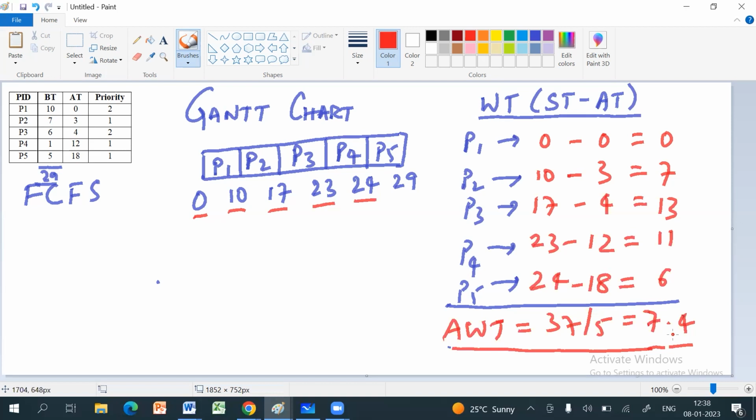Okay. Now let's try to calculate the average turnaround time. Now what is turnaround time? Turnaround time can be computed using another simple formula: completion time minus the arrival time.